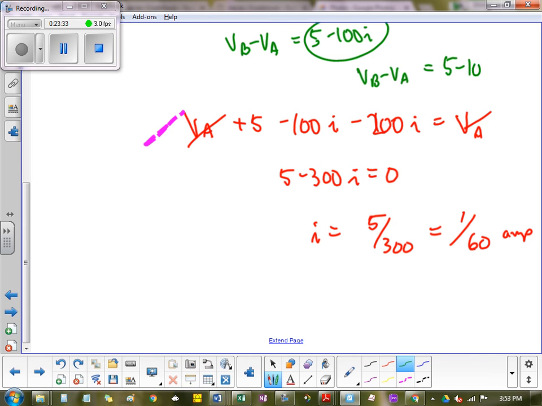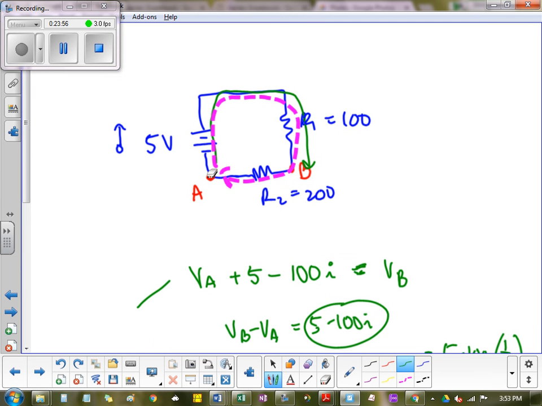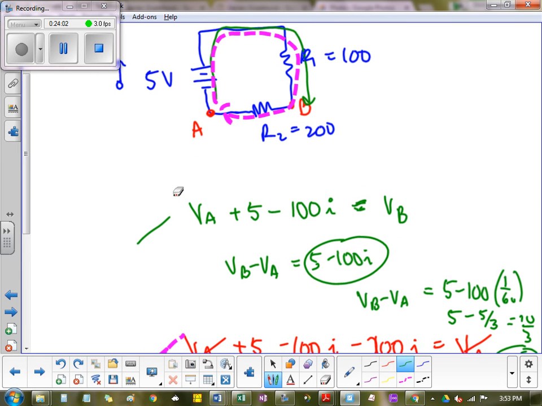So 5 minus 100 times 1/60th. And this gives us 5 minus 5/3. In other words, it's 10/3. 3.3 repeating volts. What does that mean? So what is the potential difference between A and itself? Nothing. What's the potential difference between A and B? 3.3 volts. You understand?